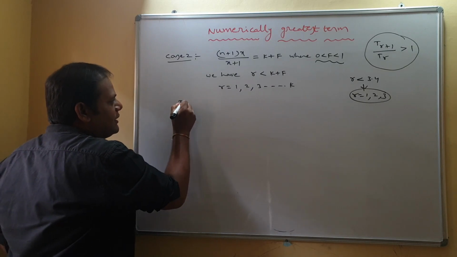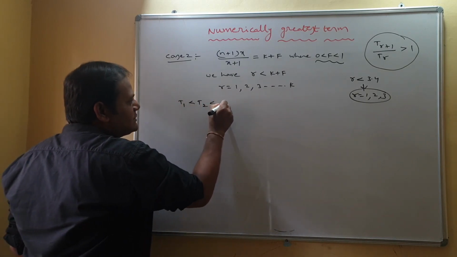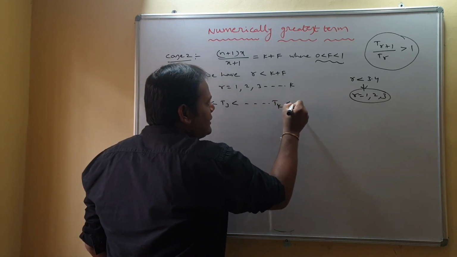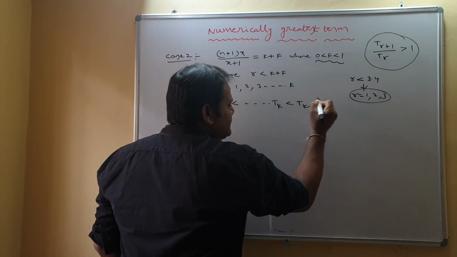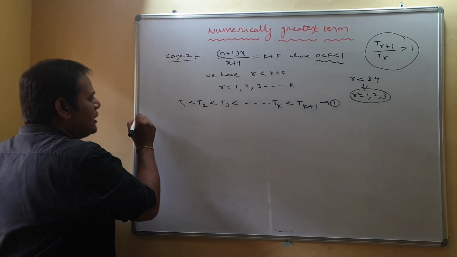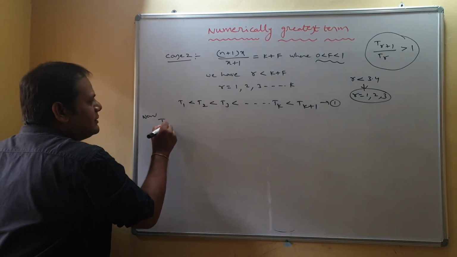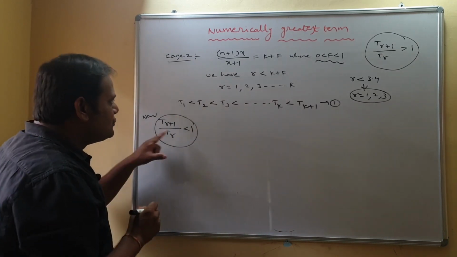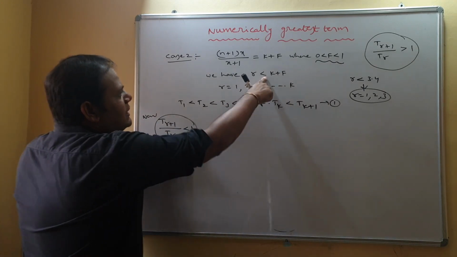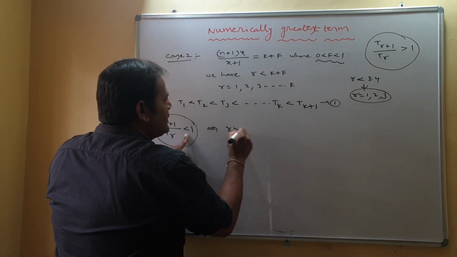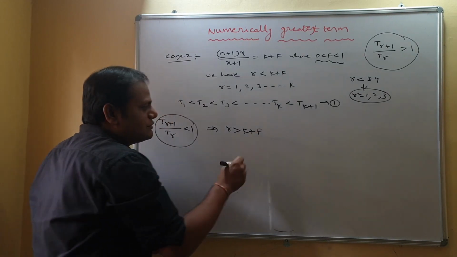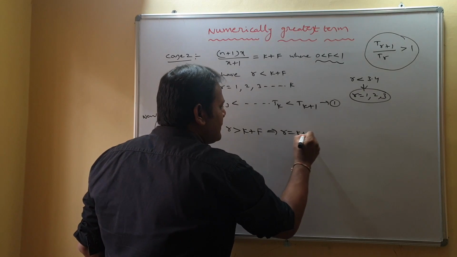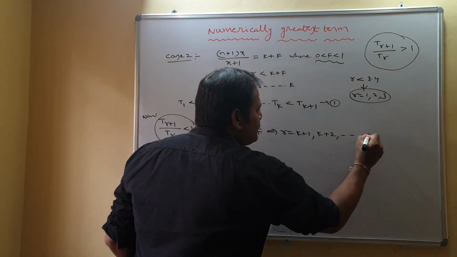That is T1 less than T2 less than T3 less than so on Tk less than Tk plus 1. Is it? Now we take that Tr plus 1 by Tr is less than 1. So here if you take less than 1, then in the final answer you can get r greater than k plus f. Is it? So r greater than k plus f means you can take r values k plus 1, k plus 2 till n.